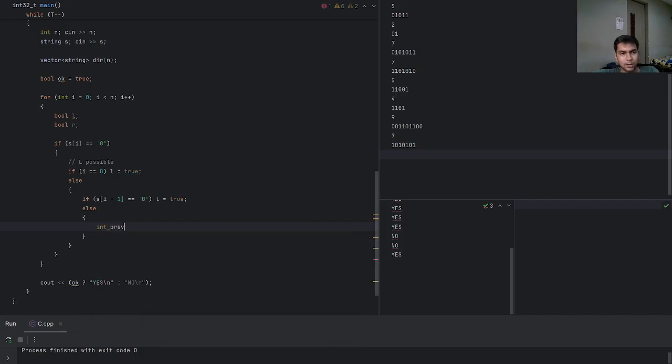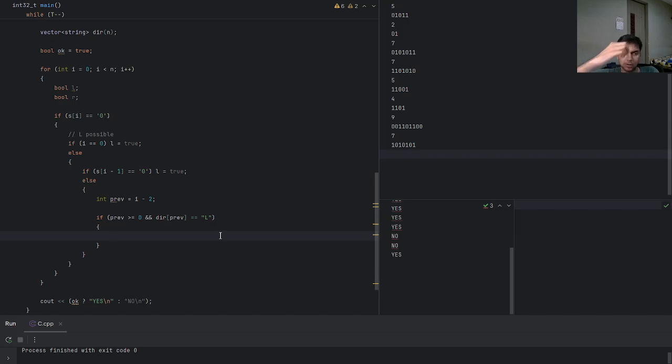if i minus 1, okay, so we say a prev, which is i minus 2. If prev is greater than 0, and direction of prev is any, it should also be a this thing also now before constraint there.